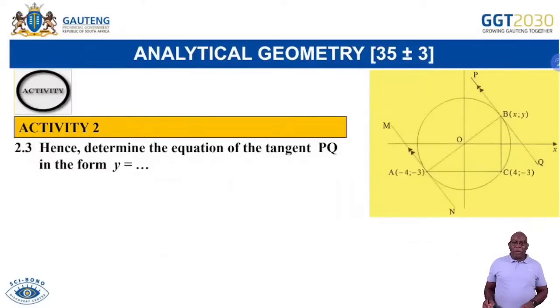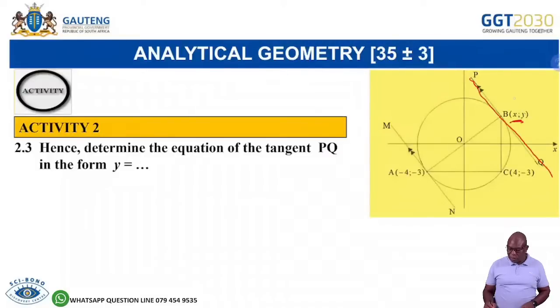Now 2.3 is the continuation of the same question. It says, hence, determine the equation of the tangent PQ. So, the equation of the tangent PQ. What do I know about this point here? It's 4 and 3. To get the equation, I'm going to use this method, which is quite easy and straightforward.